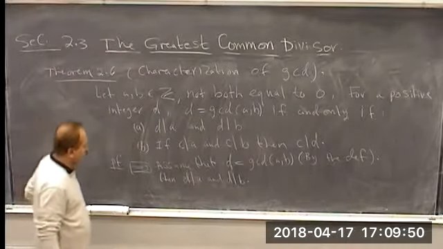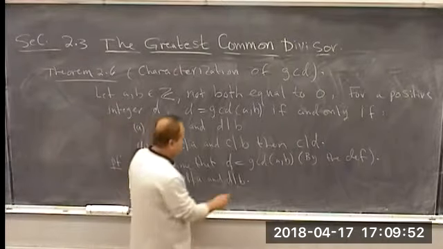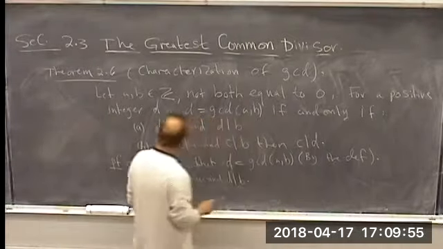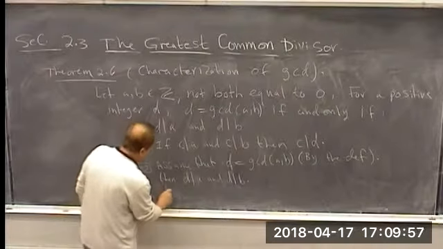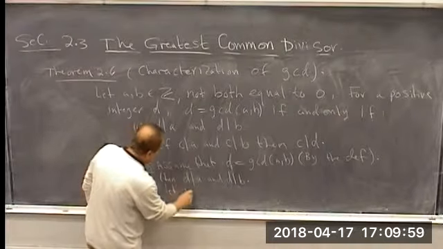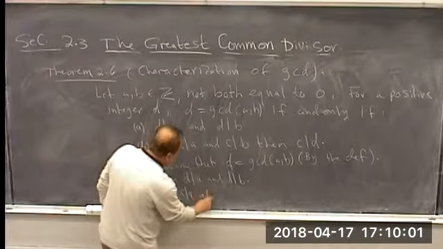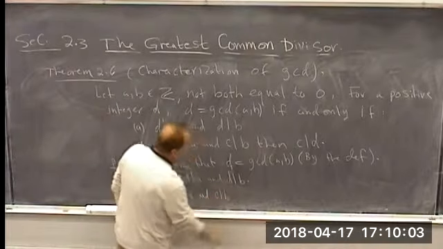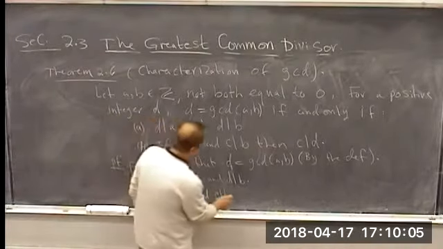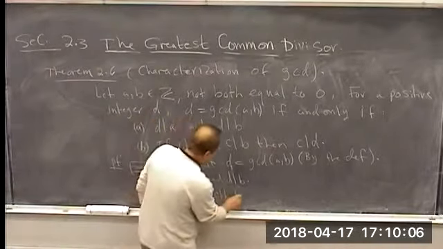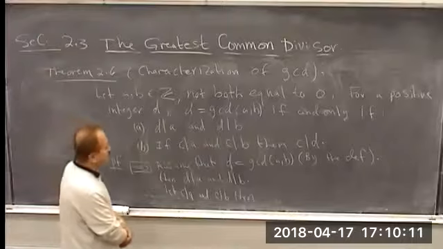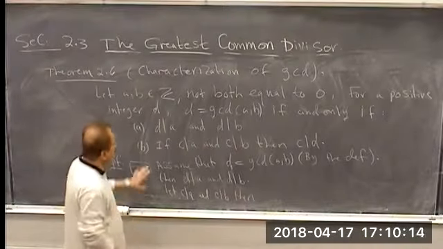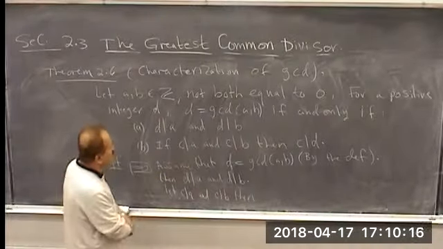Then the next thing I want to show is that, let C divide A and C divide B, then I wanted to show that C actually divides D, all right? So I want to show that this one is true.